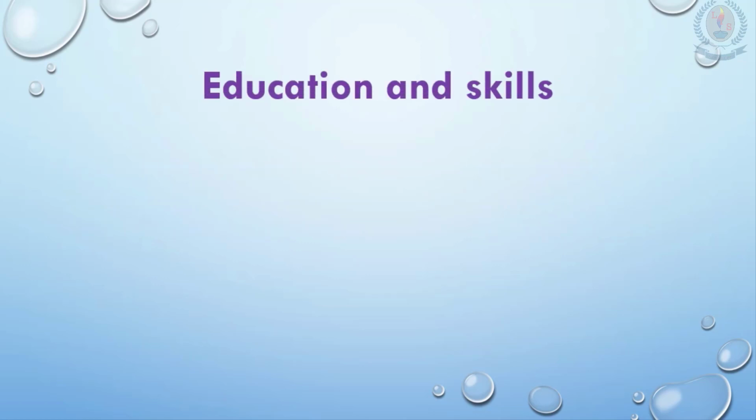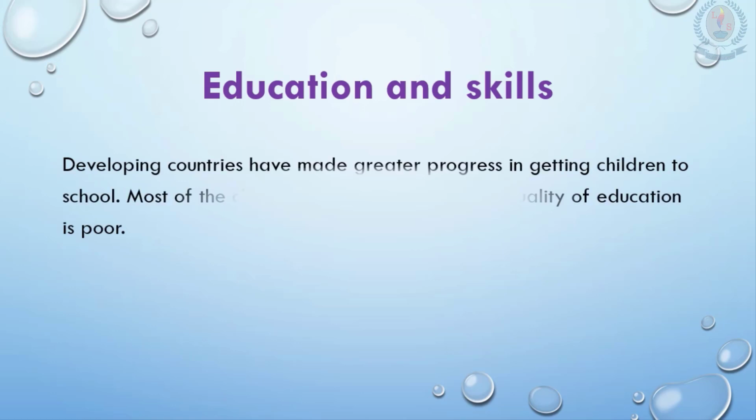The next factor which constrains economic growth and development is education and skills. Developing countries have made greater progress in getting children to school. Most of the children are now in school, but the quality of education is poor. Those who attend school still lack basic numeracy and literacy skills.